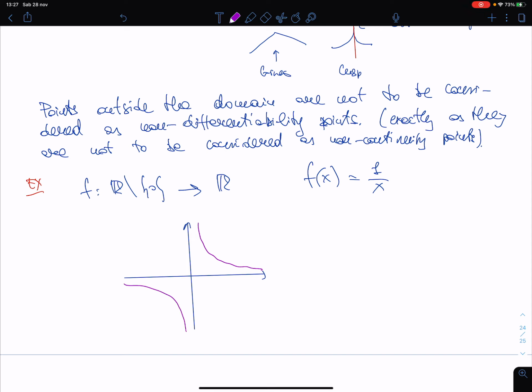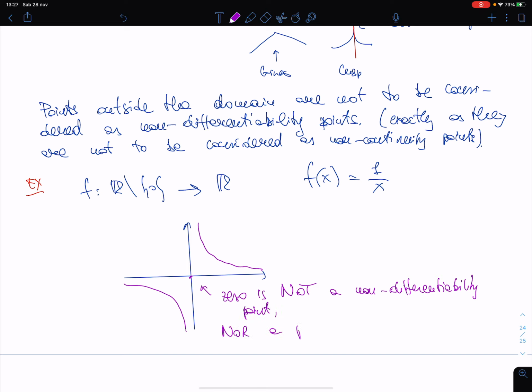Okay, this is not a non-differentiability point. 0 is not a non-differentiability point, as it is not a point of non-continuity. It is simply a point which is outside the domain. Okay? And here, just stop.